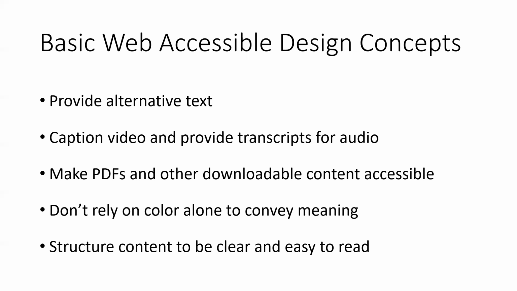Other basic web accessibility design concepts include providing alternative text, captioning video, and providing transcripts for audio content, making PDFs and other downloadable content accessible, not relying on color alone to convey meaning, and structured content should be clear and easy to read.